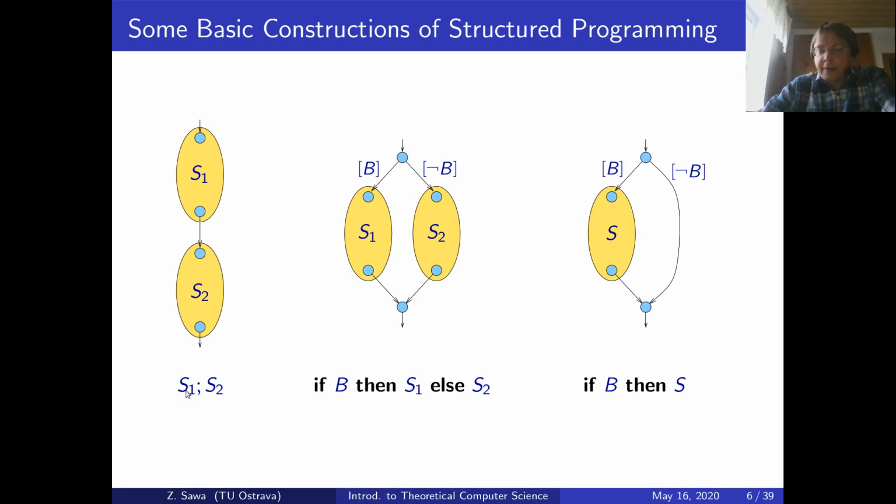So we can have a sequential composition of statements, where we perform the first statement, and after performing it, the second statement is performed. Or we can have conditional evaluation of statements, where we start by evaluating a condition. If some condition B is true, then statement S1 is performed, and if the negation of B is true, so if B is false, then statement S2 is performed.